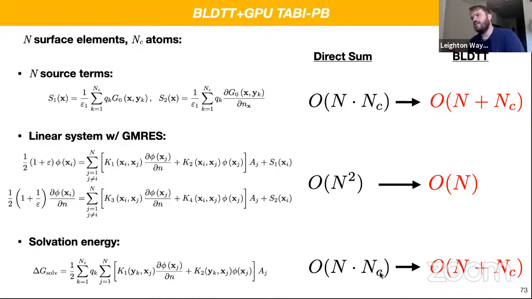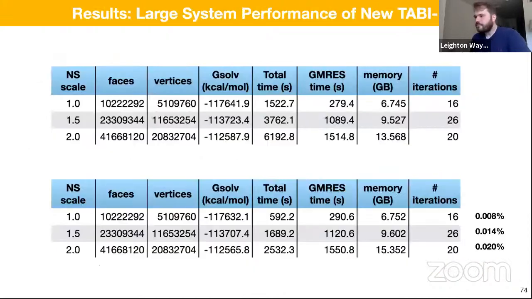So we treat the atoms as our source particles and the elements as our targets. But the upshot is we can use the BLDTT on these pieces as well. There's no reason we can't. Well, we do that. And before I show you the pretty graphs related to it, just a few things I want to point out from this table, right? The GMRES time is still the same.